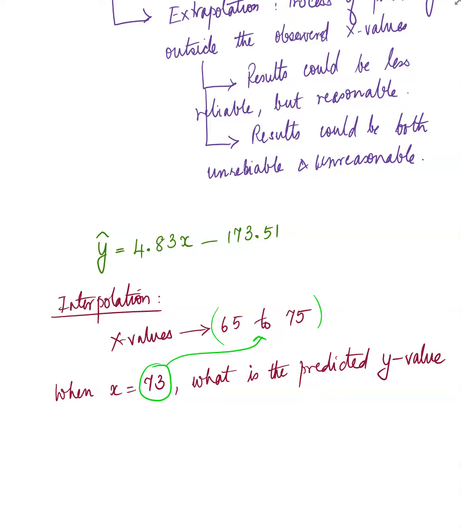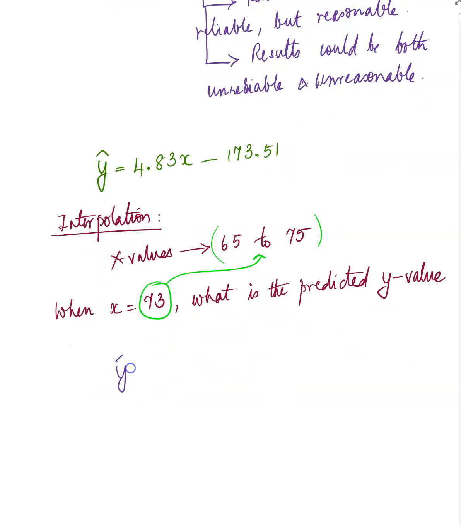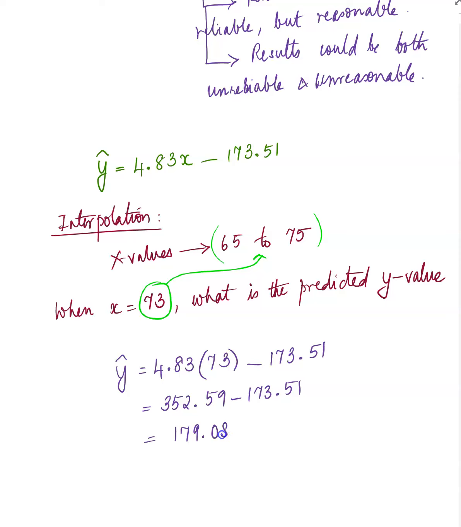So this is at this point a pure mathematical problem. So y hat will be 4.83 times 73, because your x is now 73, minus 173.51. So that gives you 352.59 minus 173.51, which comes out as 179.08.